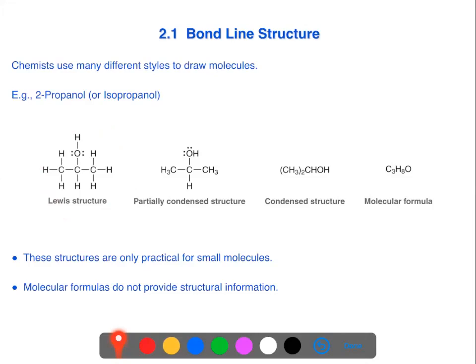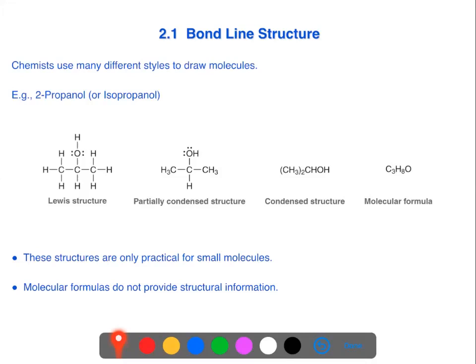Now these structures, they're really only practical for small molecules. When you start drawing molecules that are larger in size, these types of drawings become somewhat cumbersome and time-consuming. So we have what's known as bond line structures, which are simplified and more concise and succinct with respect to drawing.